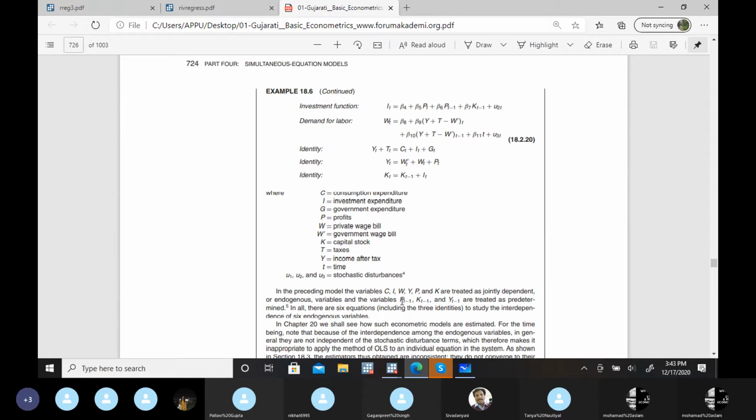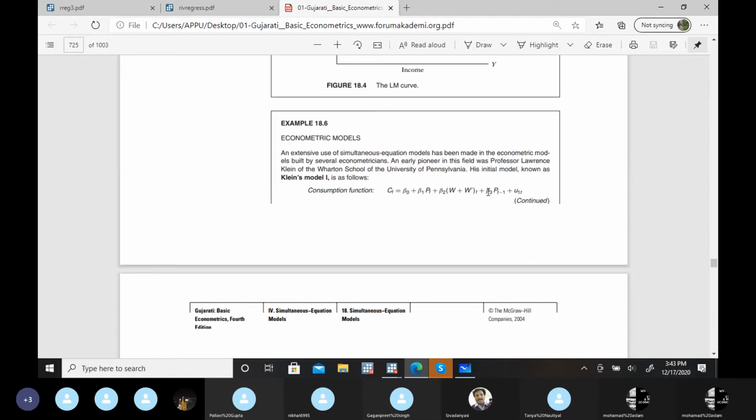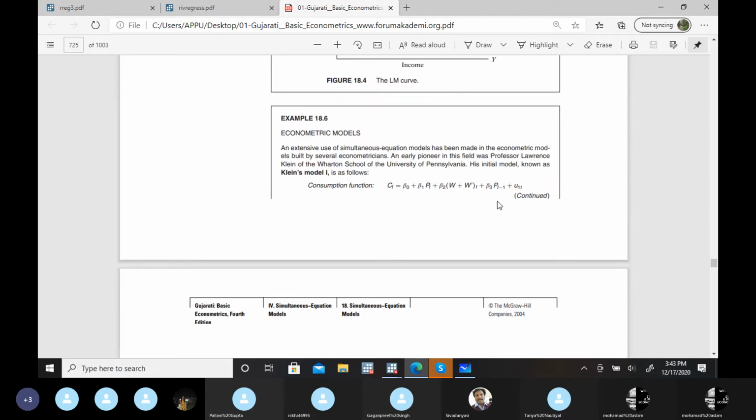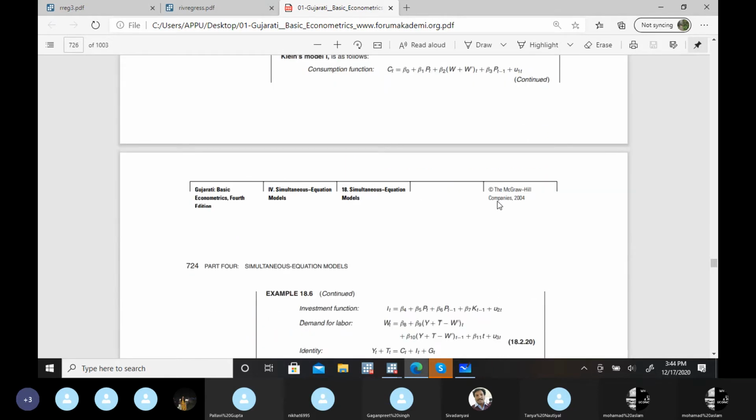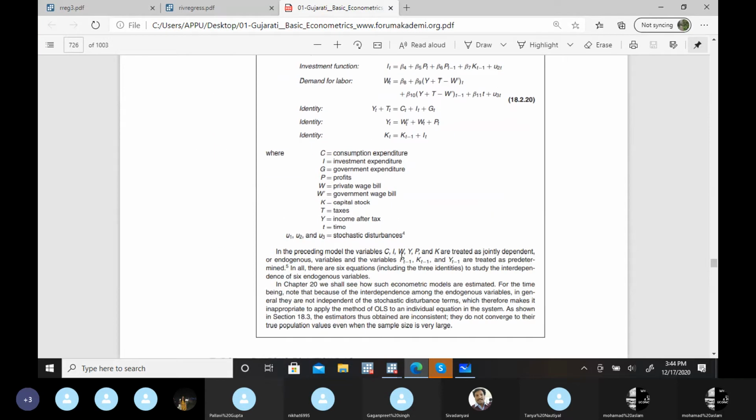Price, PT minus 1, this profit of last year, then capital stock of last year, and income after tax for the last year. So for the first model, our K minus k is 2 and M minus 1 is 1, 2, 3, 4, 5, 6.